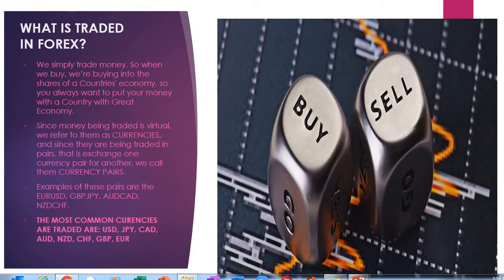You will learn them as you continue, but the most common currencies that are traded are the US dollar, the JPY, that's the Japanese yen, the CAD, that's the Canadian dollar, the Australian dollar, that's the AUD, the New Zealand dollar, the Swiss franc, the GBP, and the euro. These are the common currencies that are being traded. As you progress, you begin to learn these currencies, you begin to use them, you begin to say them, and you begin to get more familiar with them.